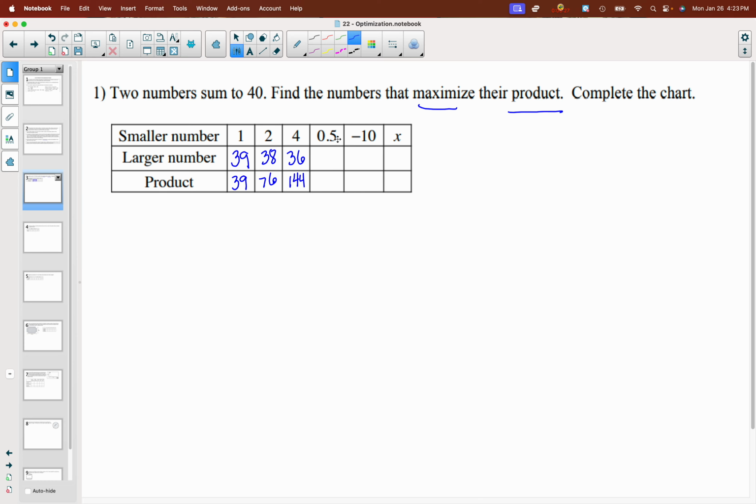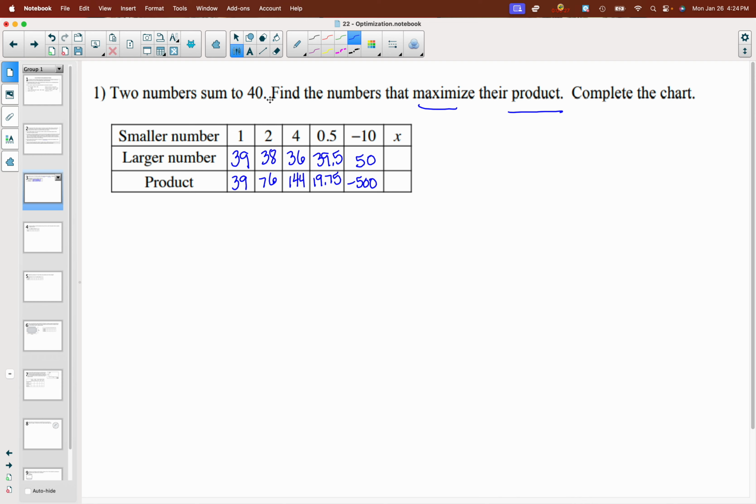If the smaller number was a half, then the larger number would be 39.5. And the product here, and no, I don't have these memorized, I just already did it, is 19.75. And if the smaller number were negative 10, they have to add to 40, so the larger number would have to be 50, and our product would be negative 500.